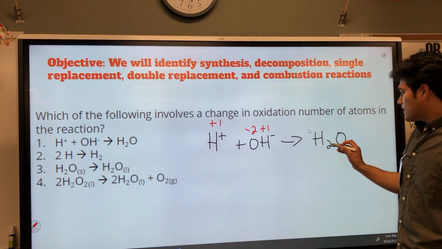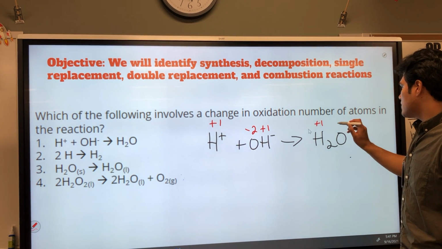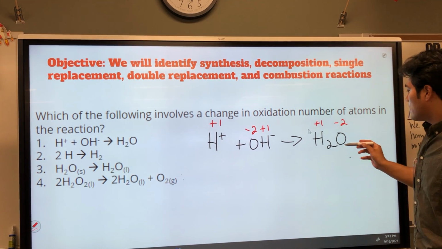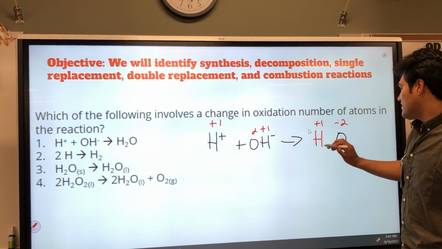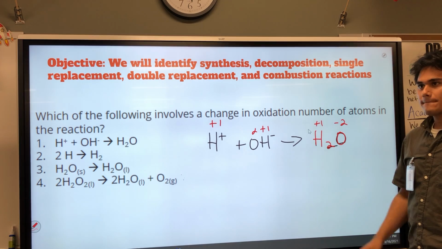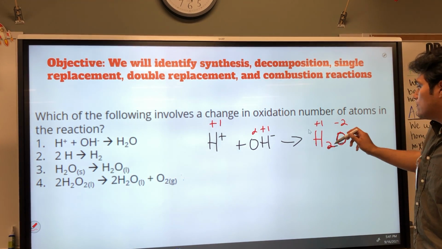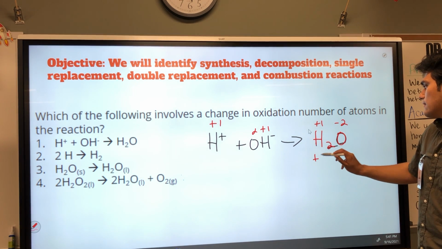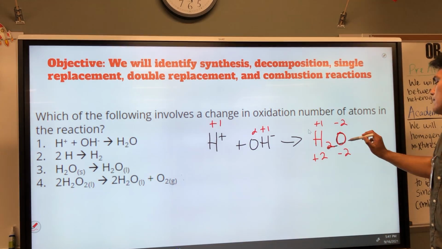We have hydrogen over here, right? We would give it a +1 charge. Oxygen would have its -2 charge. Now let's calculate these. If you have H2O, and the hydrogen has a +1 charge, there's 2 hydrogen atoms, so we would have a total charge of +2. Oxygen is -2, our compound is neutral.